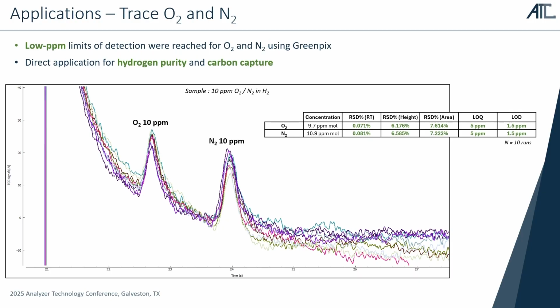And oftentimes you need to integrate the GC with other instruments because of the sheer amount of molecules that you need to analyze, and GC can do them all. So the compactness of the product is very important in this case. And here you can see the analysis of oxygen and nitrogen at 10 ppm levels, with limits of detection with micro TCD obtained at approximately 1 ppm.